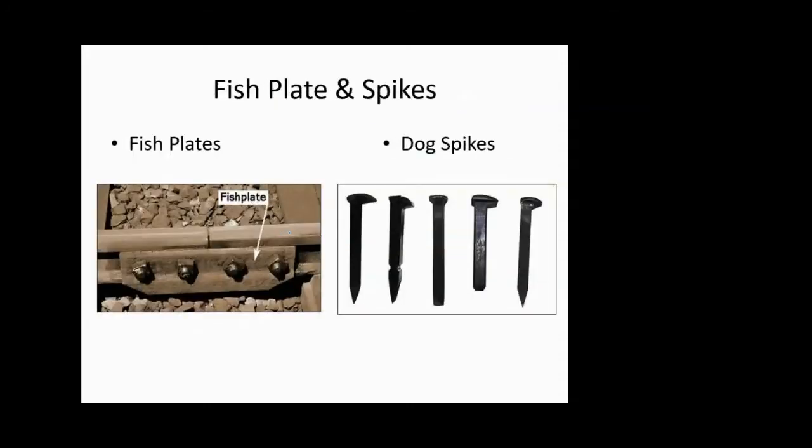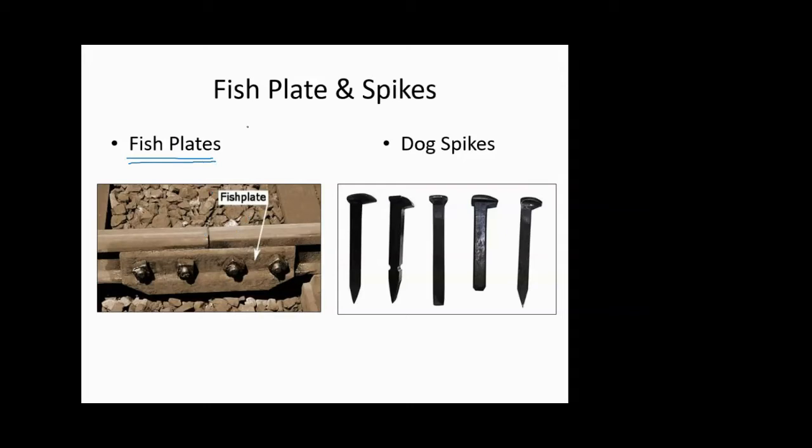I have included typical pictures in this. You can get the description in the notes and the books, but what is important is that if you understand it pictorially or remember it in picture form, you can very well describe it. So the first and most widely used fitting and fastening is the fish plate.